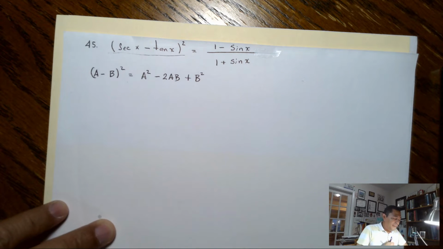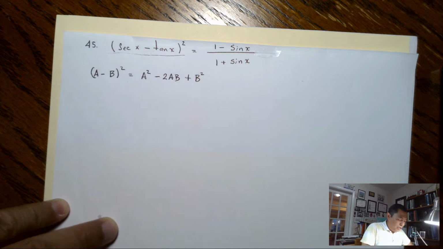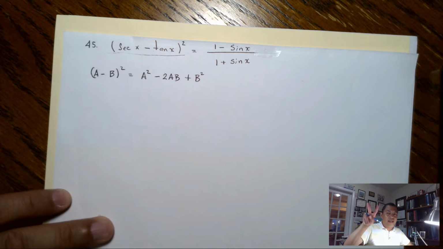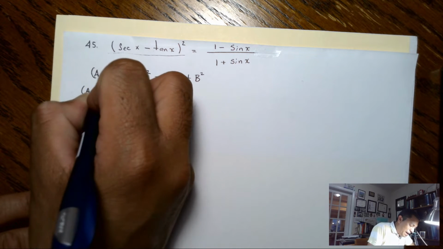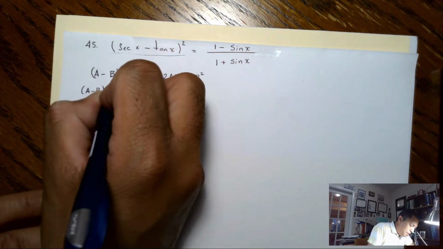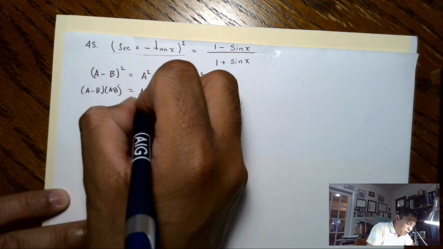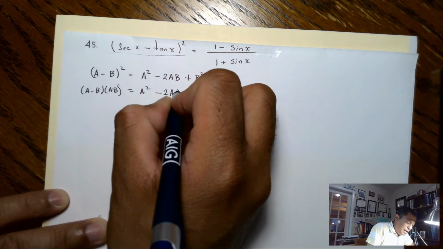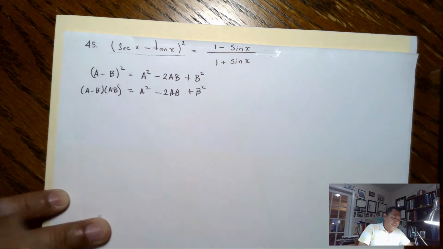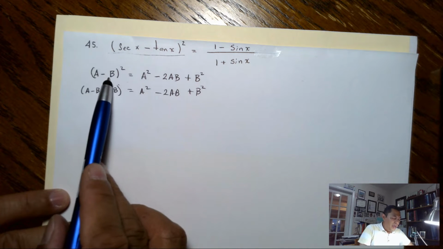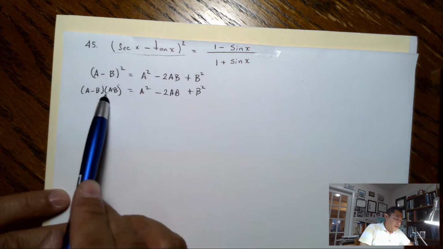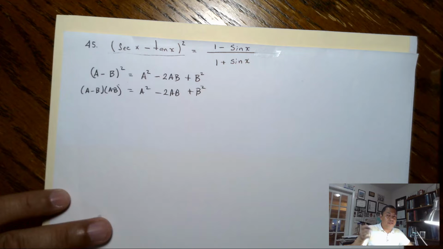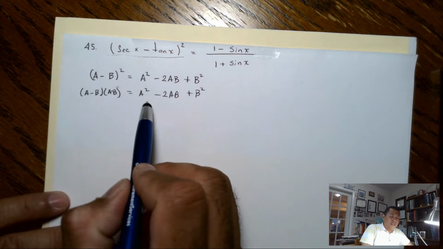If you learned that (a minus b) squared splits into two factors, (a minus b) and (a minus b), it is equal to the same, a squared minus 2ab plus b squared. It leads to the same solution. Sometimes your teacher tells you to split this binomial into equal binomials and then apply the distributive property or FOIL it, and you get to the same solution.